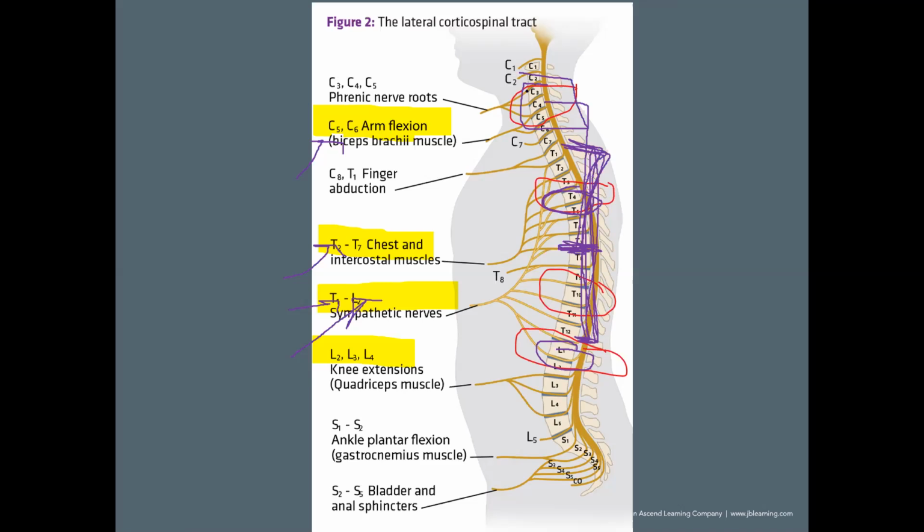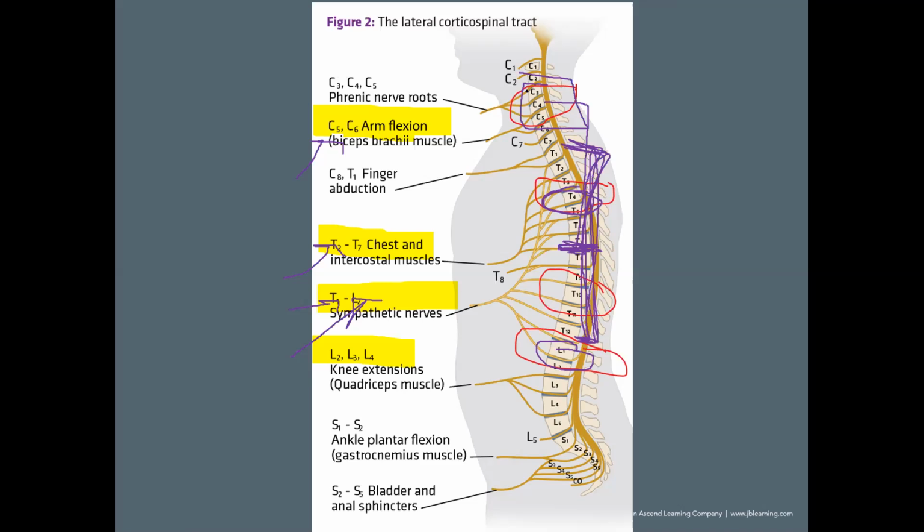Our sympathetic nervous function to increase our heart rate, constrict our blood vessels, and dilate the bronchi would be gone if it was damaged. Sympathetic nerve damage keeps the body from performing these activities below the level of the injury. Severe spinal cord damage at or above T1 will stop the signaling to all the sympathetic nerves, and so can cause neurogenic shock or spinal shock, which you're going to talk about in the trauma section, where all the sympathetic nervous system nerves just kind of release and you get massive vasodilation.